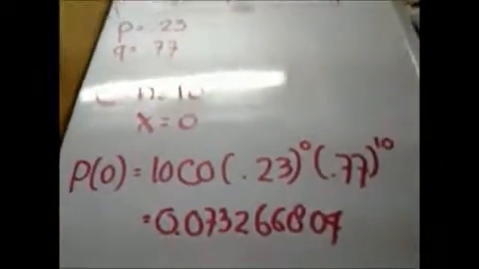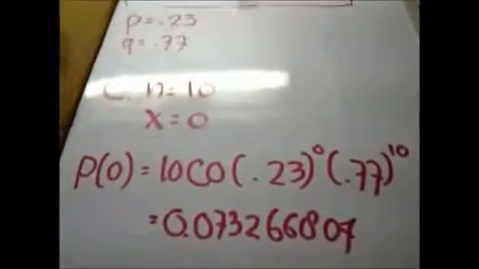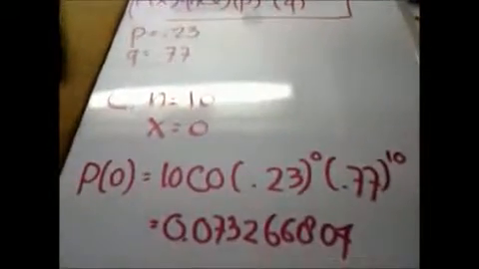In a sample of 10 international travelers, what is the probability that no one will stick with their tour group? So n is equal to 10 and then x is equal to 0, because it said what is the probability that none will stick with the tour group. For these problems, we just need to substitute the formula with the numbers.